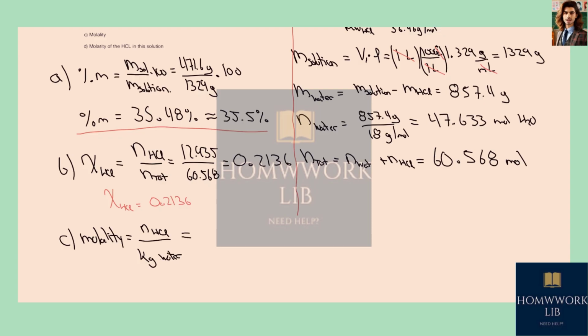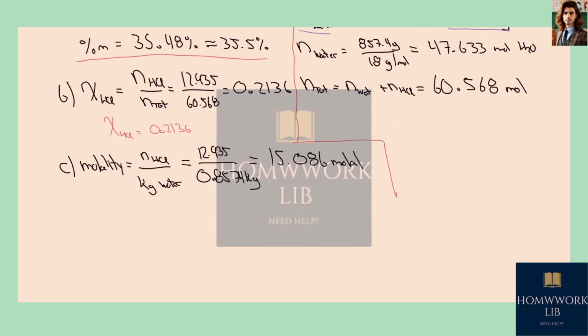The mole of HCl is 12.935, and the kilograms of water are going to correspond to the mass of water, written down in kilograms. So this would be 0.8574 kilograms of water. So the molality of our solution would be 15.086 molal, or mole per kilogram.